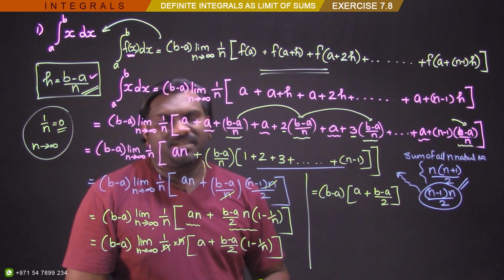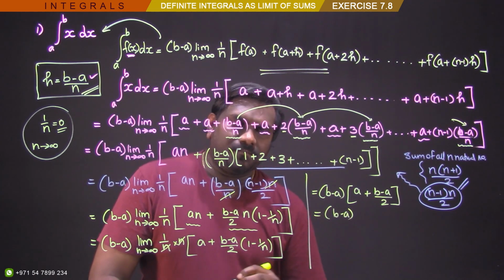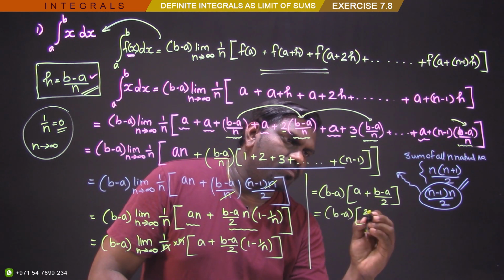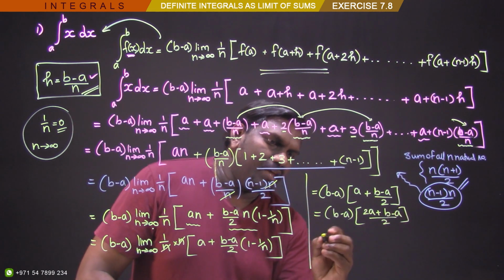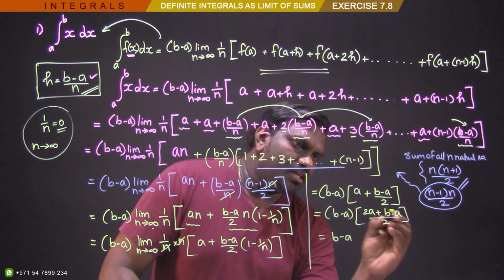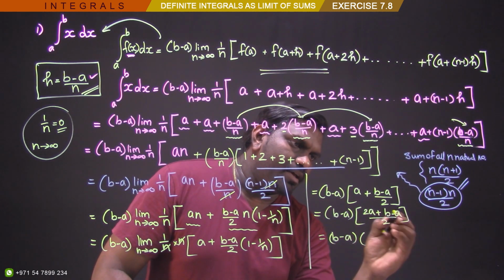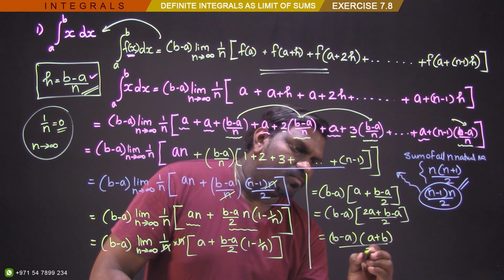When you apply the limit, that's equal to b minus a, yeah, into you have what? Multiplying this, or taking the LCM, 2a plus b minus a by 2. That in fact gives you b minus a, right? Then this is going to be 2a minus a, which is a plus b by 2.